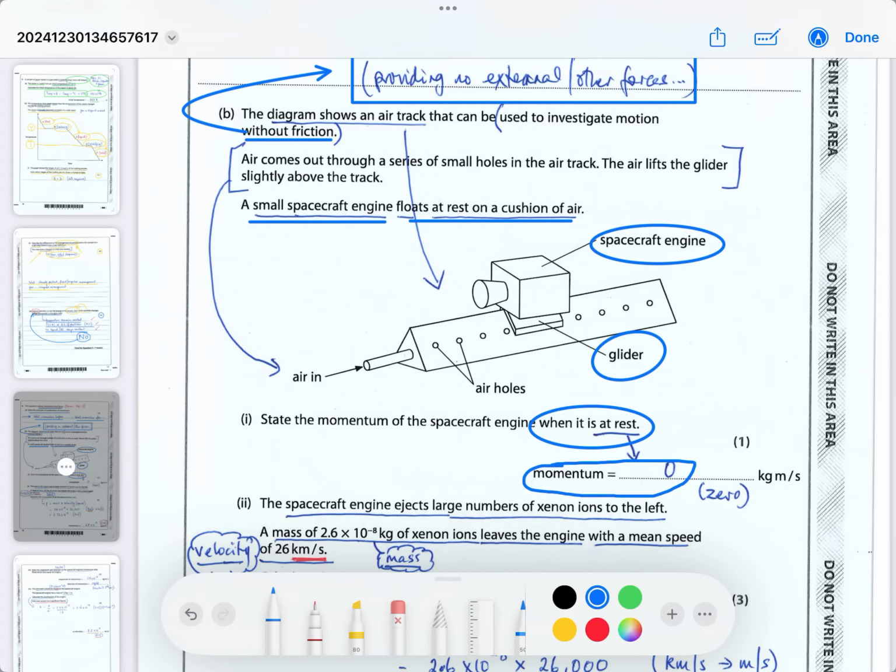Now remember, momentum is mass times velocity, which is kilograms times the units of velocity, so kilograms meters per second. So when it's at rest, it has 0 momentum. Let's make sure that you know that O means 0.